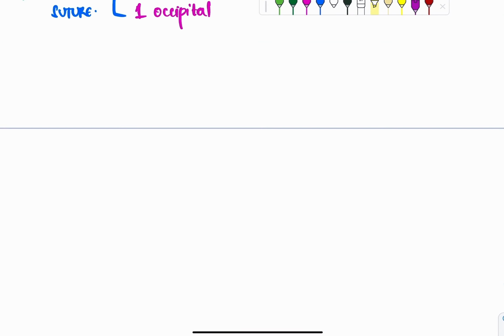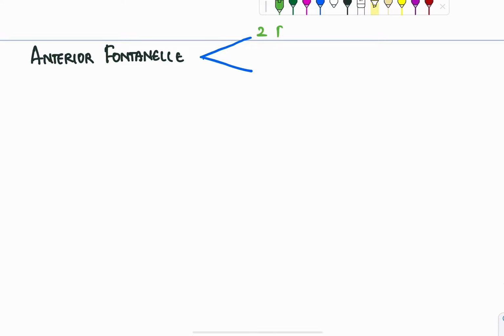So what I was just telling you is that anterior fontanelle, right? So anterior fontanelle is formed by two bones. What are those two bones? We have got two frontal bones, and we have got two parietal bones.